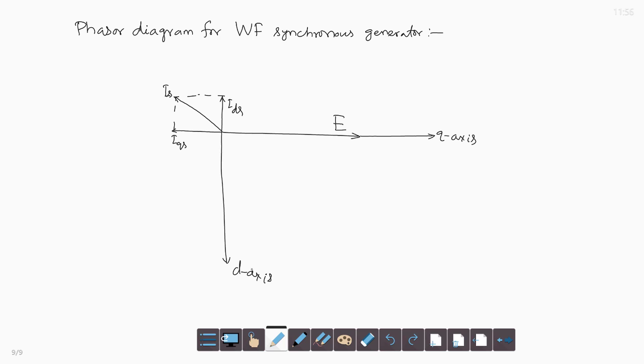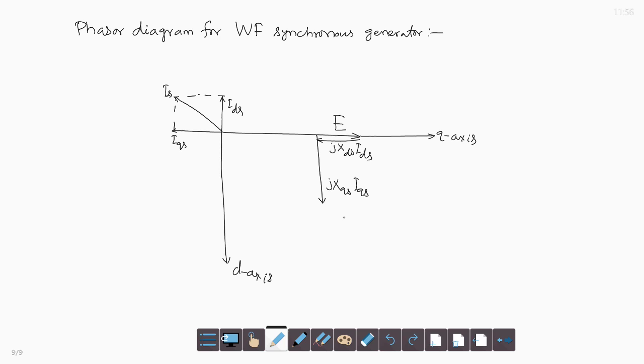So, induced EMF E plus j XDS IDS, reactance drop due to IDS, leading IDS by 90 degrees, plus j XQS IQS, which is also at 90 degrees, leading IQS.